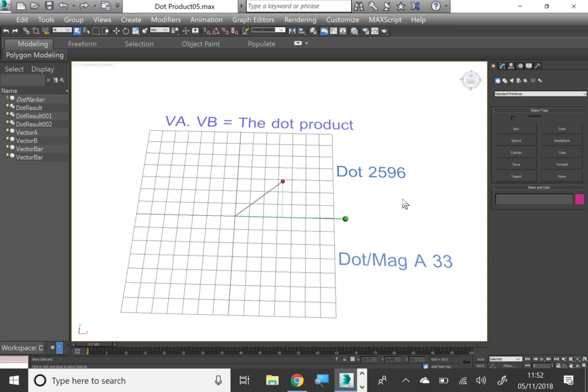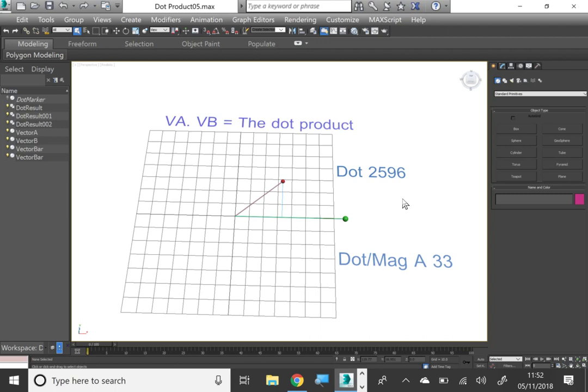One is called a dot product, one is called a cross product. The dot product is also known as the scalar product because the thing that it chucks out the other end is a single number. And the cross product is also known as the vector product because the thing it chucks out the other end is a vector. So one chucks out a number, one chucks out a vector.